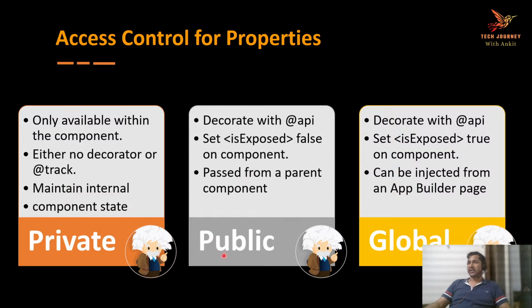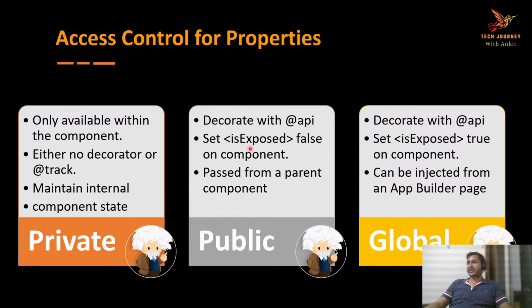Coming towards the next property, that is the public property. Now, what is public property? If you are decorating a property with the @API decorator, then it is considered as the public property.